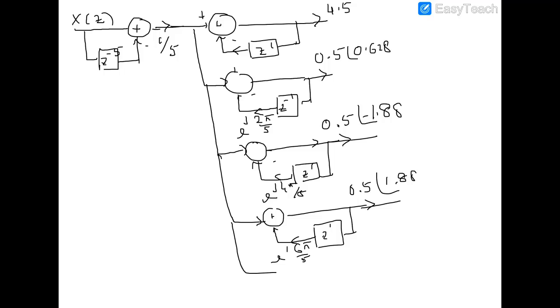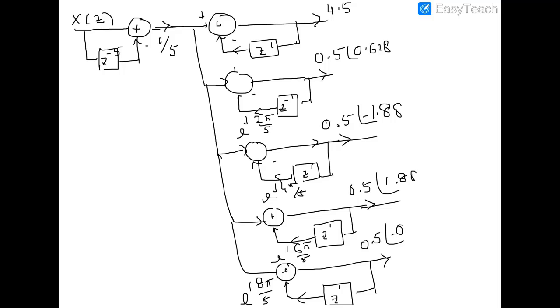Then we have the next one, e to the power j 8 pi by 5, and gain is 0.5 at an angle of minus 0.628. Now output of this has to be y of z. I need to sum all these.